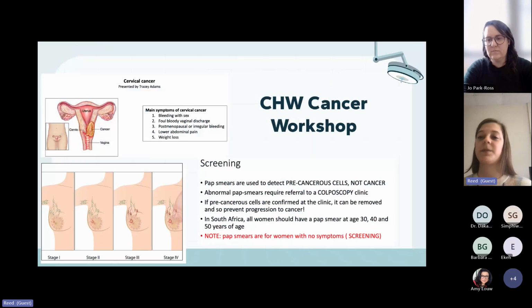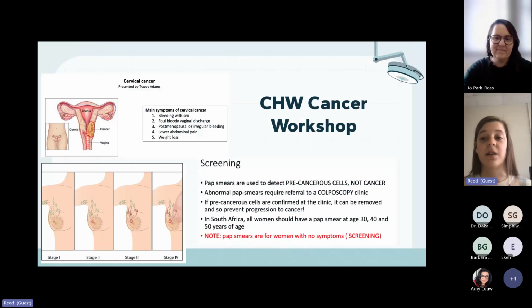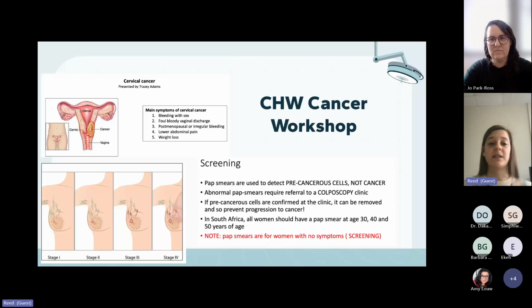This workshop talked about breast cancer, cervical cancer, and prostate cancer, and emphasized the risk factors, screening options, and treatments, as well as symptoms to look for at the patient level to advocate for community members seeking care. So here are some images from the training materials from that workshop.